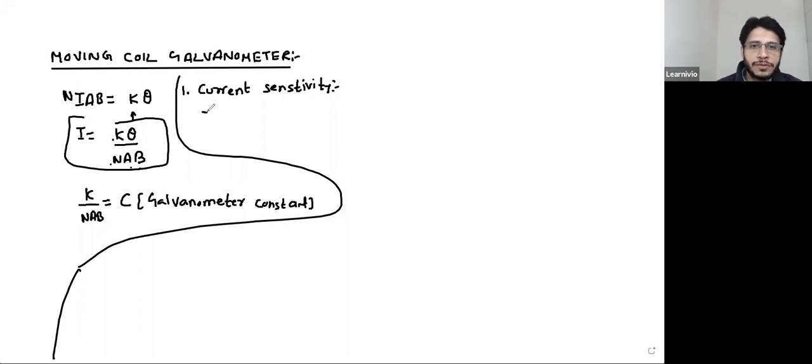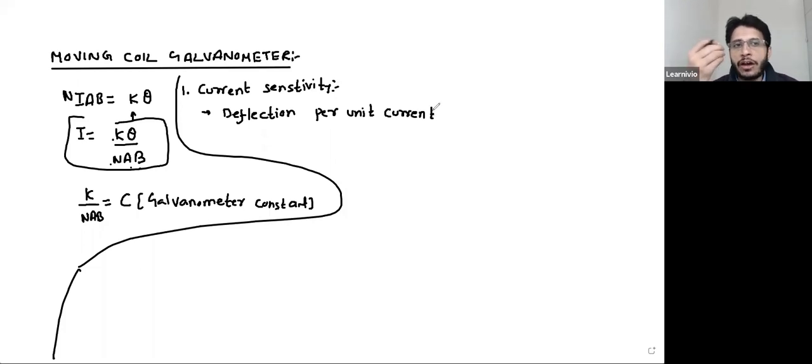So current sensitivity is deflection per unit current. We represent it by IS, and current sensitivity is simply deflection divided by current.